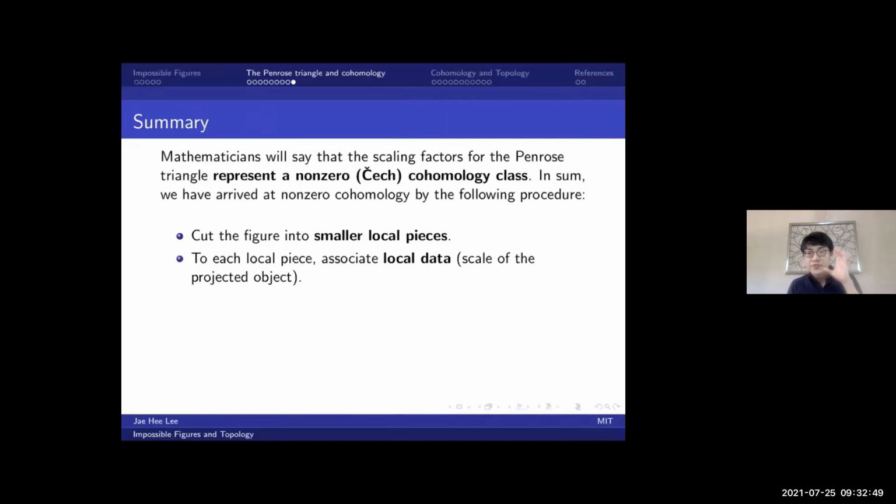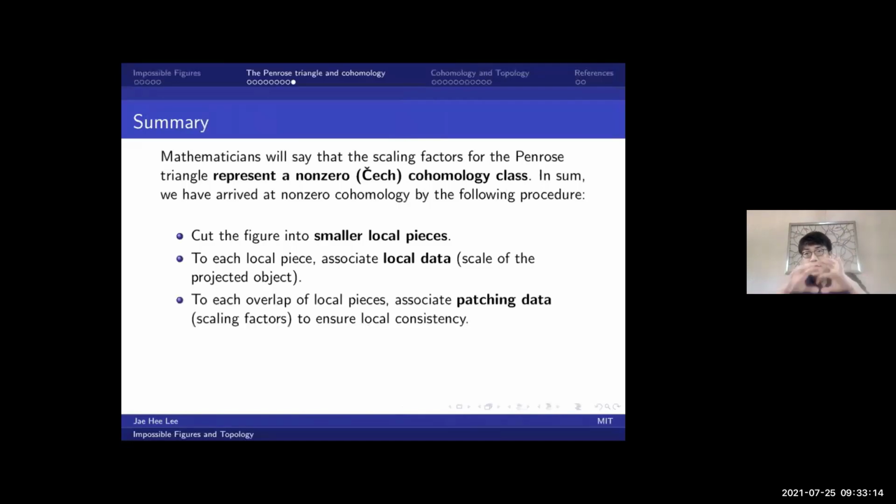And for each local piece, we've associated an extra data, which is the scale of the object. How far is the local object from the eye? So we did that for each of the 3 images, and therefore each of the 3 locally consistent objects that can exist.